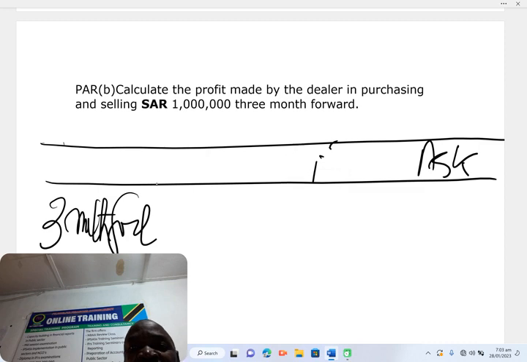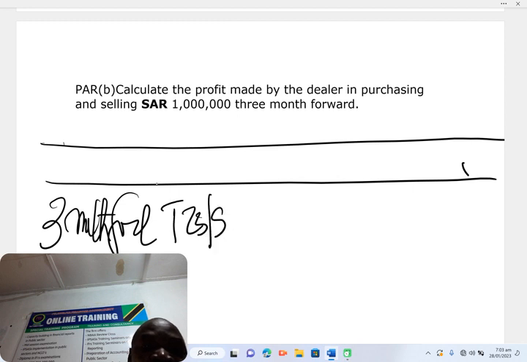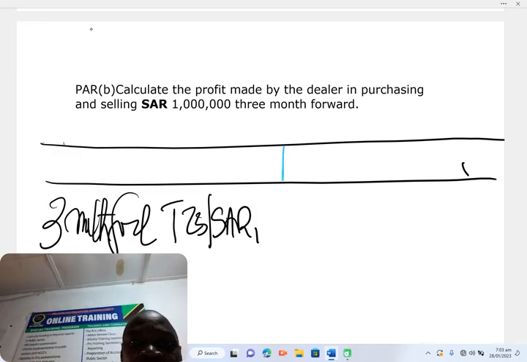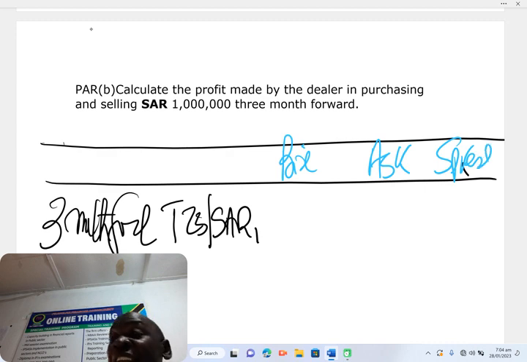Or let me put this way. So you write TZS stroke South African rand 1. So you write bid. Write bid, and then ask, and then spread. What's bid?